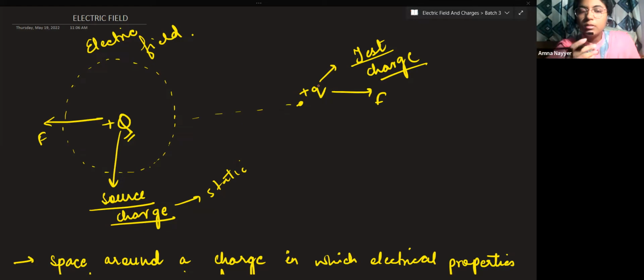In today's class, if we study electric field, this is the important topic for your second chapter, then only you will be able to understand electric potential and capacitance. That's why I'm starting with electric field today, so that you're able to cope up in the next class.